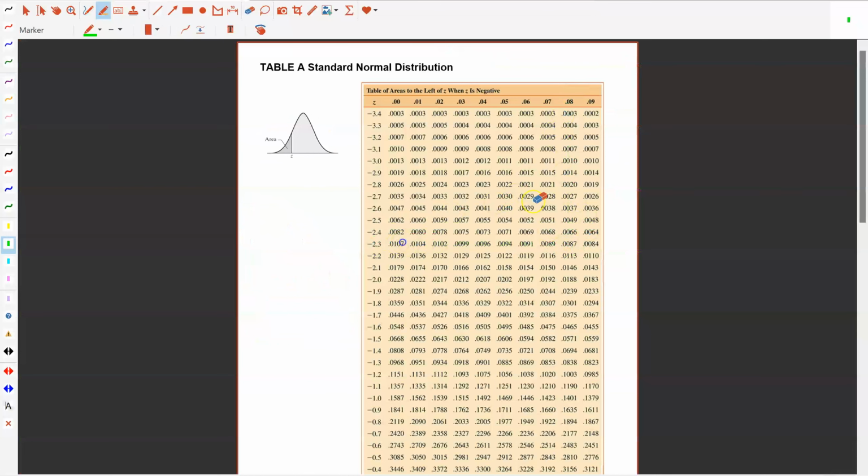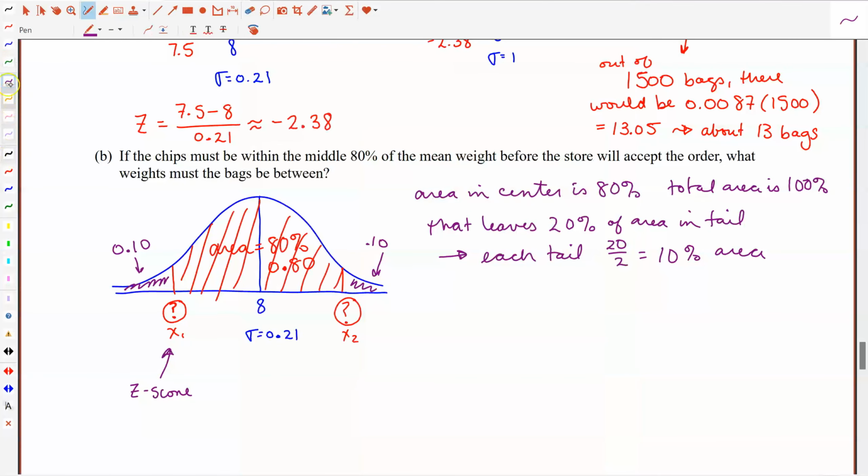I expect that z-score to be negative because it's over there on the left region. So 0.10, looking through my table trying to find the value that's closest to it, and it looks like it's right here. I'm getting 0.1003, so that's really close to 0.10. So what is that z-score? It's negative 1.28.